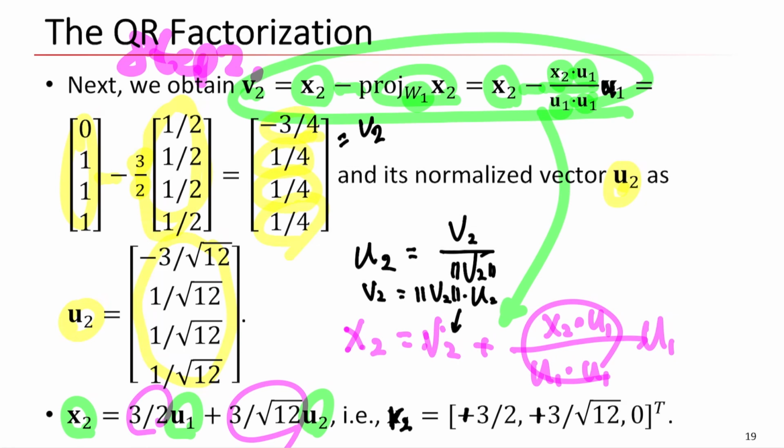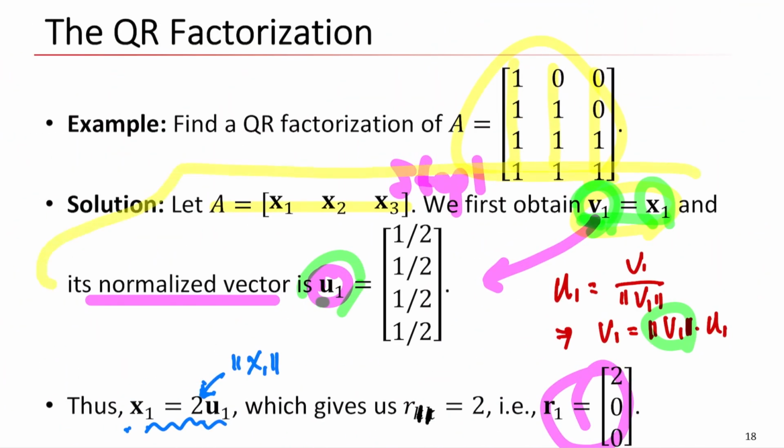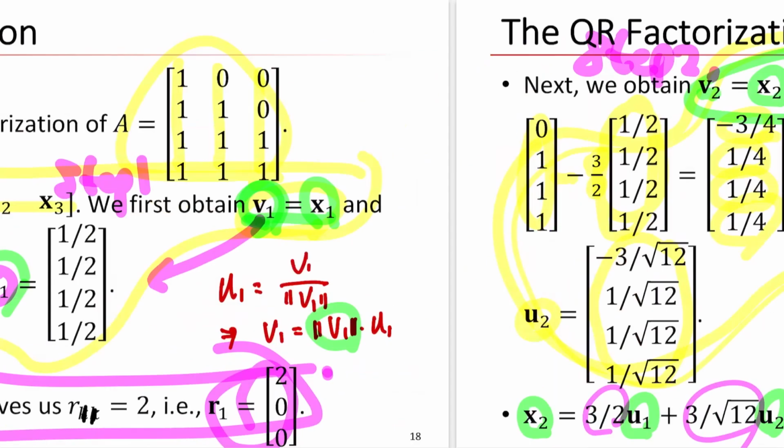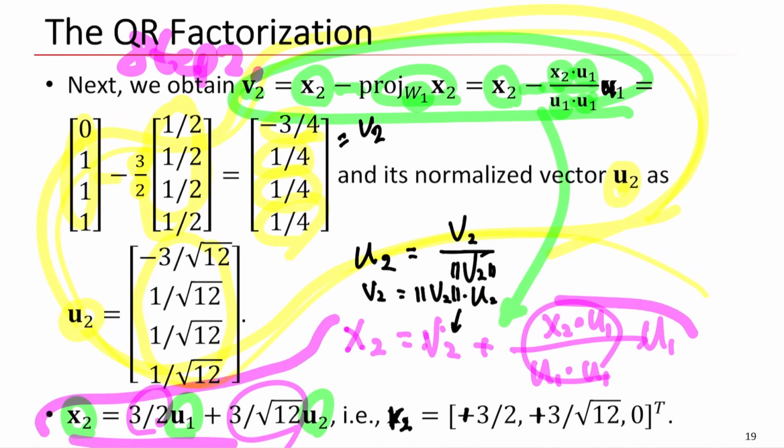Actually, this upper part is really easy because it is the same process as the Gram-Schmidt process, and this part is also easy, but the difficult parts are here and here, to find the vector r. Actually, it's not an efficient way to find vector r.